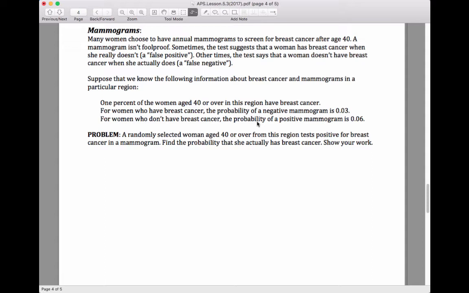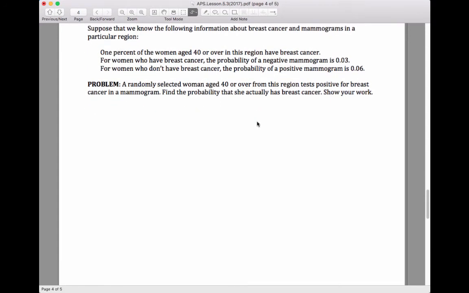So if we would approach this from a tree diagram scenario, there's kind of a first thing and a second thing, and if you think about it, it would make sense that the first branching that you would want to do is the truth about breast cancer.